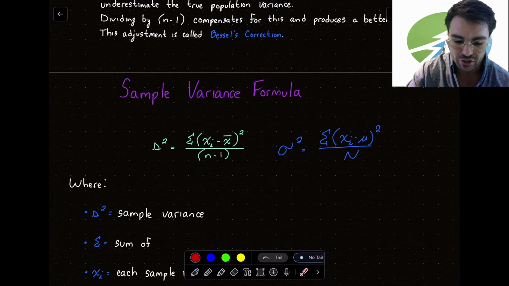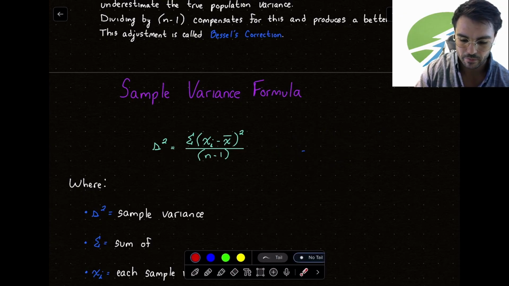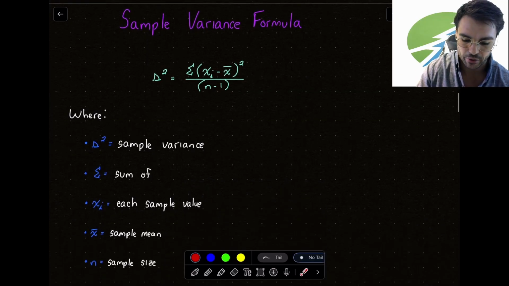The only differences are, the main difference is n-1 instead of n. And remember, X bar represents the same thing as mu, and we just use the S squared for sample variance as opposed to the symbol for population variance.